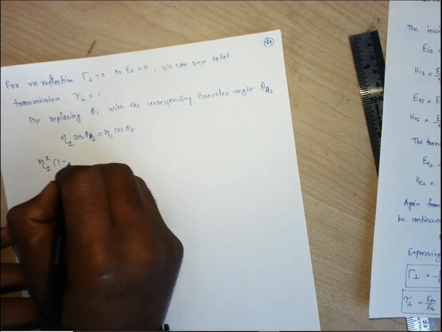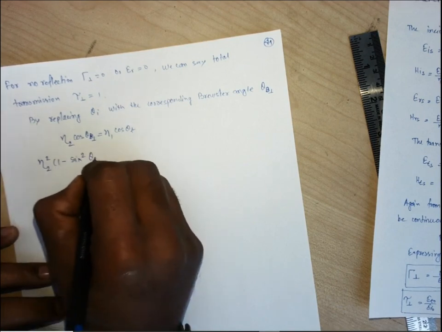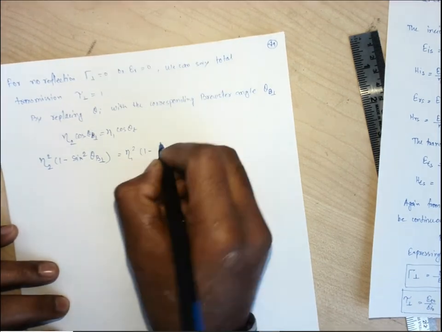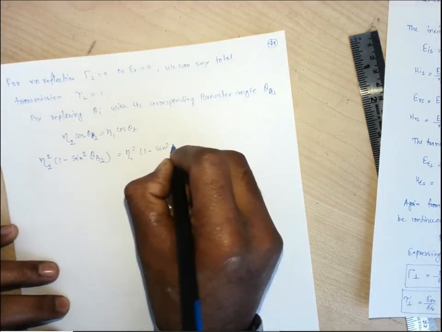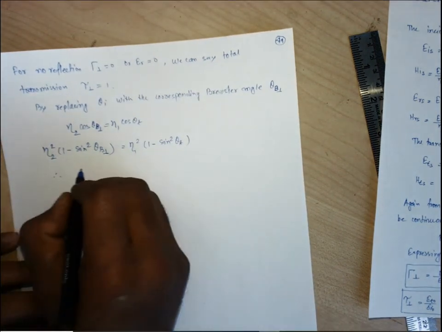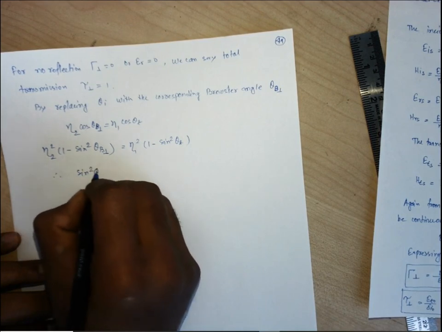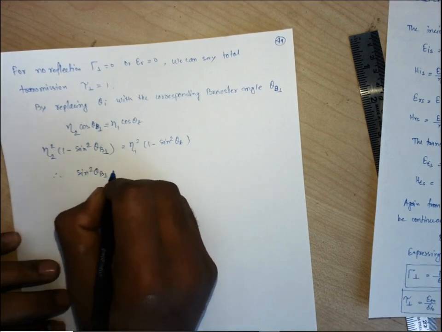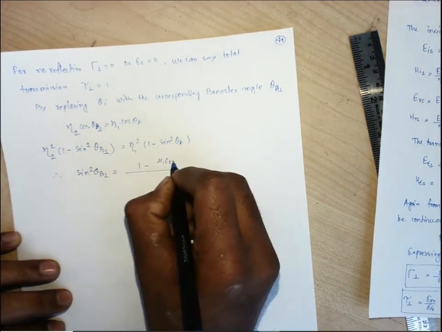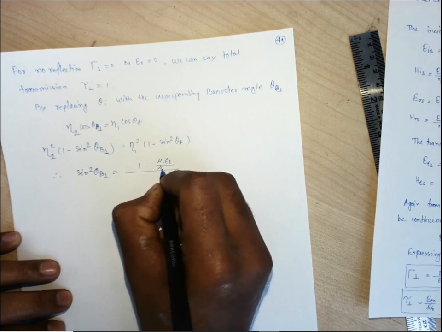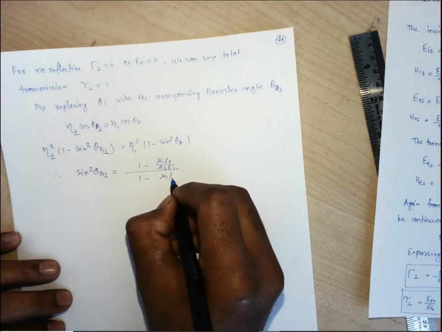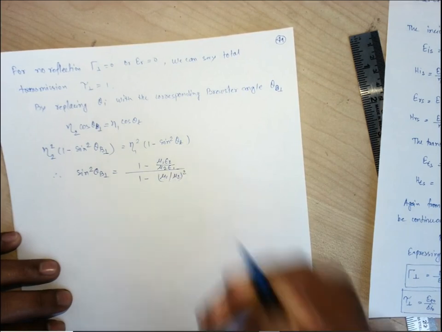Eta 2 square times 1 minus sine square theta b perpendicular is equal to eta 1 square times 1 minus sine square theta t. From here we can take out sine square theta b perpendicular equals 1 minus mu 1 epsilon 2 by mu 2 epsilon 1, divided by 1 minus mu 1 by mu 2 whole square.